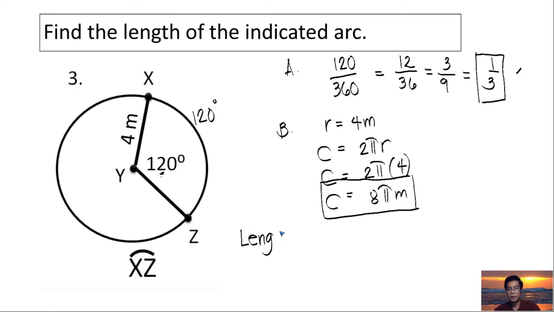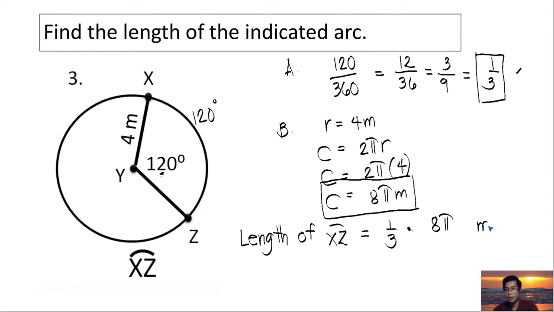So, length of arc XZ. Kahit symbol na lang pala, no? Kahit hindi na word. So, length of arc XZ is equal to, measure of arc over 360, that's 1/3, times 8 pi meters.